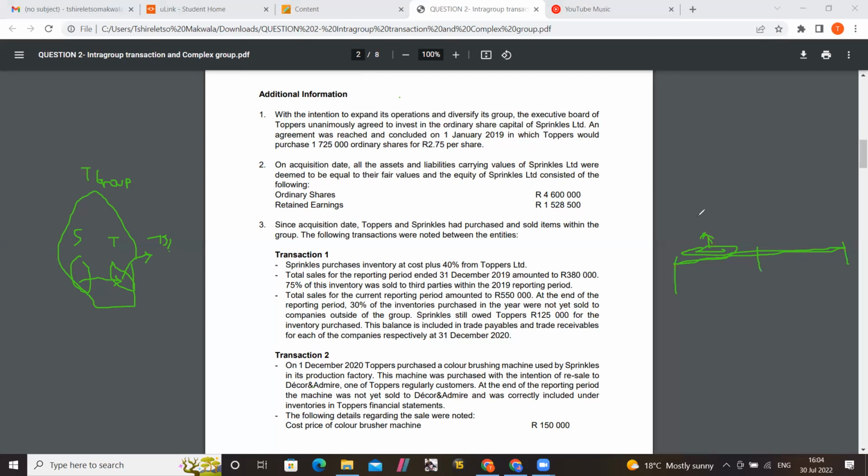Of course, last year's balances have already been taken into account. So that revenue has already been taken into account, so we don't need to eliminate it.